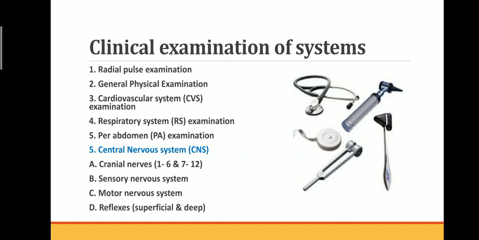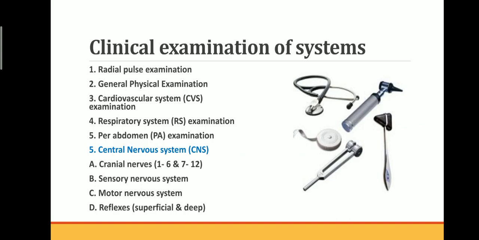In clinical examination of different systems, you again do the radial pulse examination, general physical examination, then cardiovascular system examination, examination of the respiratory system, examination of per abdomen, and central nervous system examination in detail.